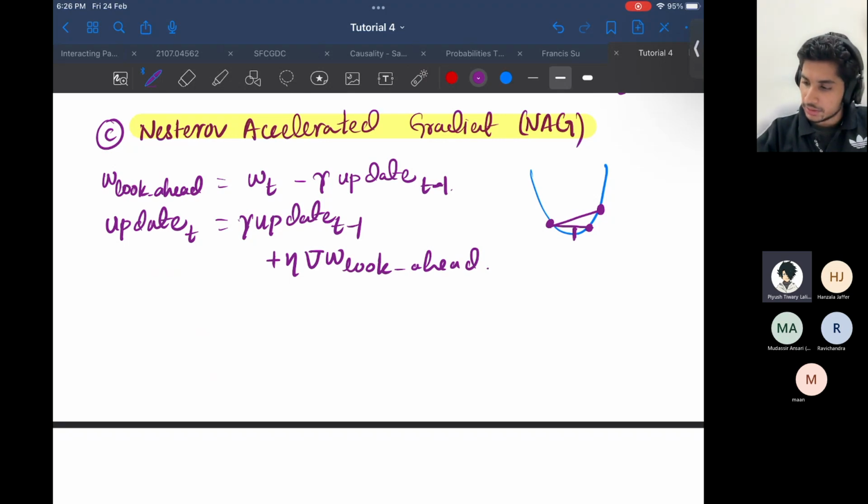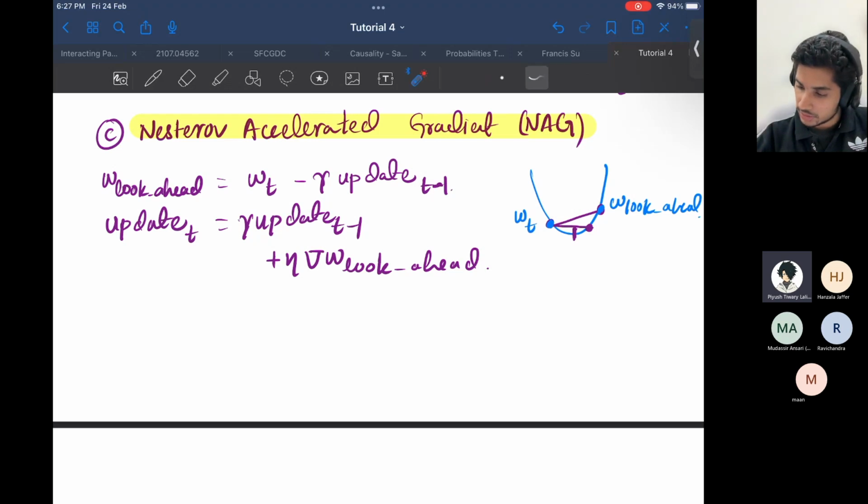So w look ahead is this point. Let me write a few things. This is wt, the current point. This is your w look ahead. You have calculated w look ahead before time, that is why you are calling it look ahead. You are looking ahead in time. And at w look ahead, you know what the gradient is.